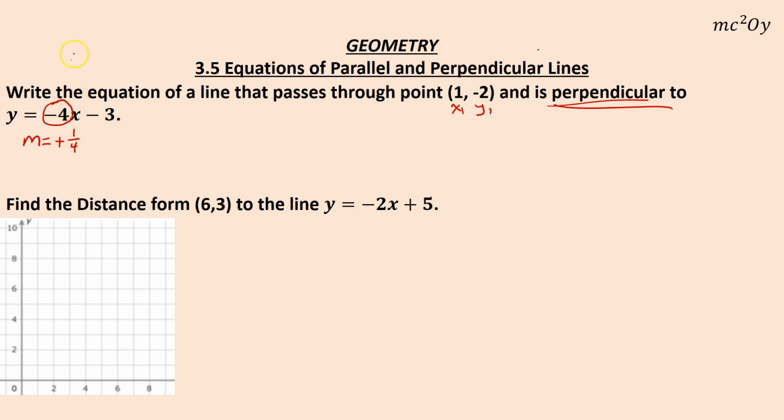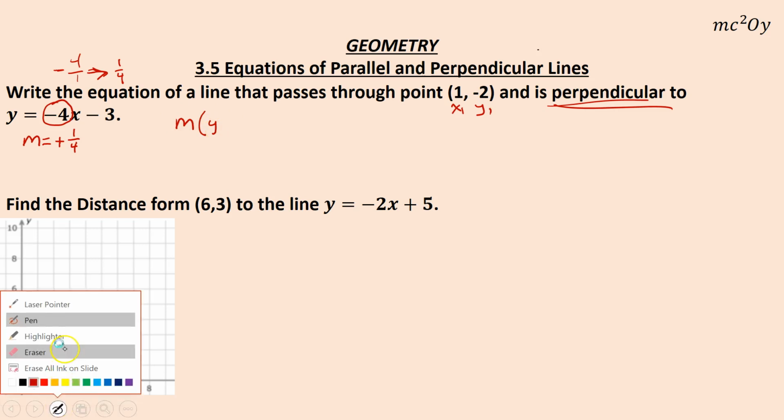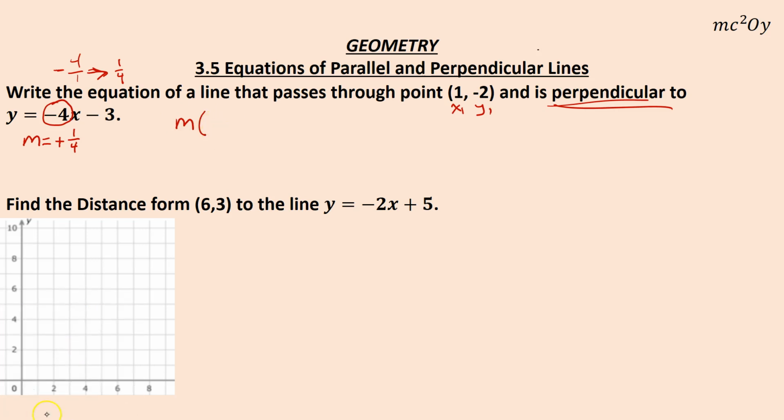So 4 as a fraction is 4 over 1, and then that becomes not equal to, but it becomes 1/4. Okay, and it was negative, so we'd have positive. So our new slope is 1/4. So we take our point slope form there. Let me fix that up.